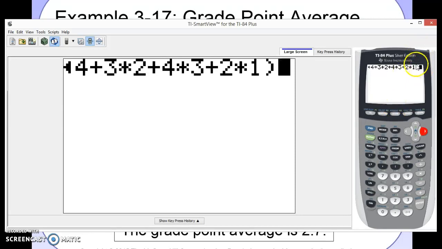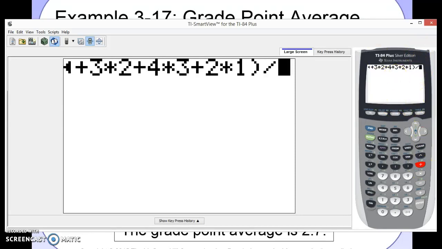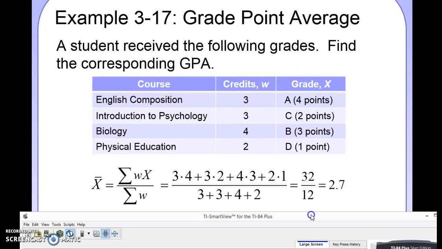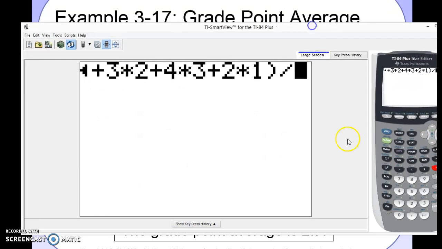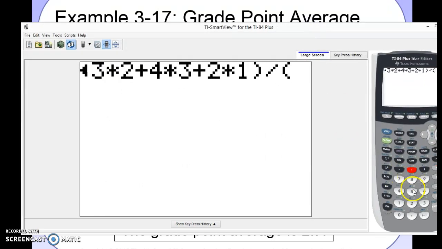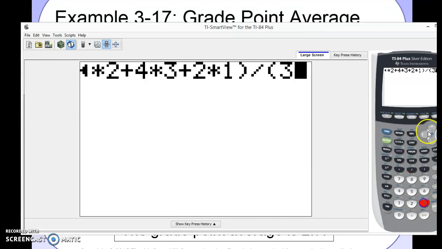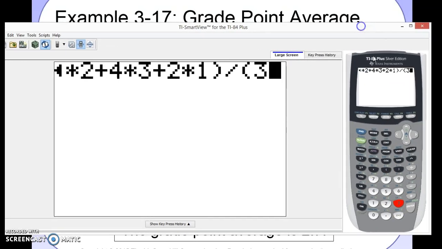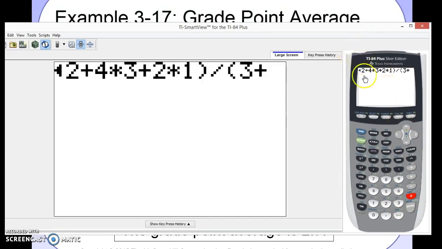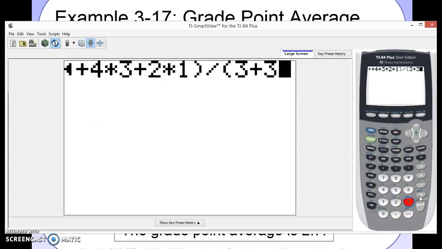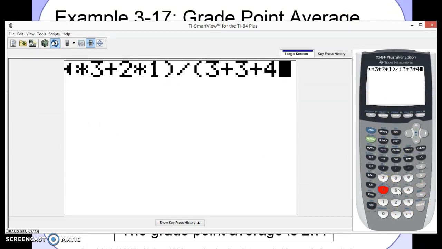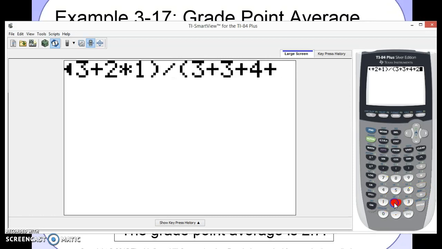Making sure that I put a parenthesis at the end. Then I need to divide by how many total credits I was taking. So you can do another set of parentheses and go 3 plus 3 plus 4 plus 2.